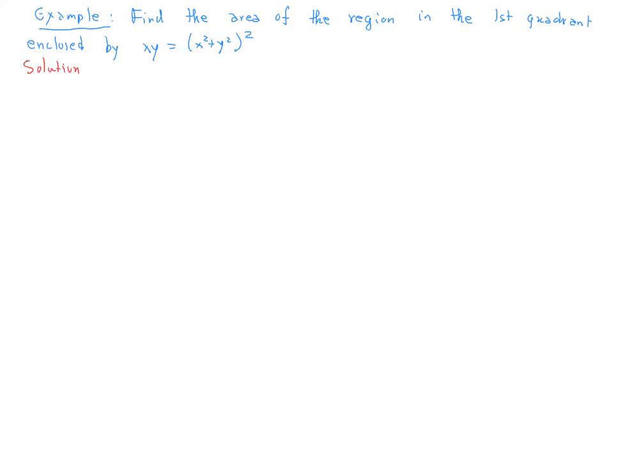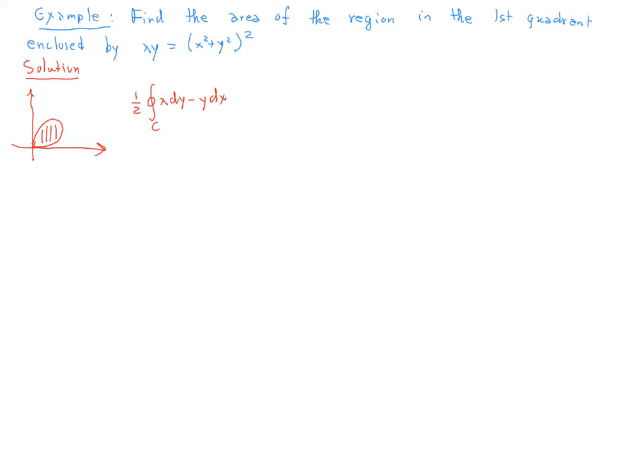I will just make an attempt to draw it, where in the first quadrant, pretty much generically, it looks like this. And what I would like to do is pretty much compute 1/2 of the vector line integral of the vector field that we described before, so x dy minus y dx along this curve C, which will give me, of course, what the area of the interior would be.